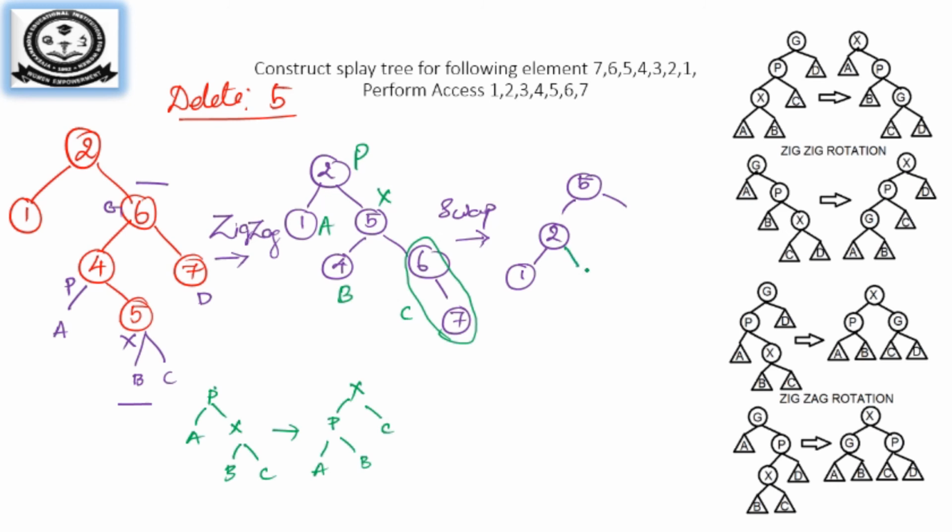What is B? B is 4, so you will connect 4 here. What is C? 6 and 7, so 6 and 7 will be here.